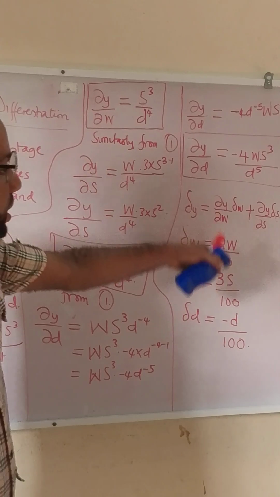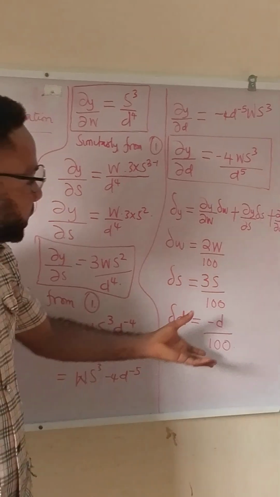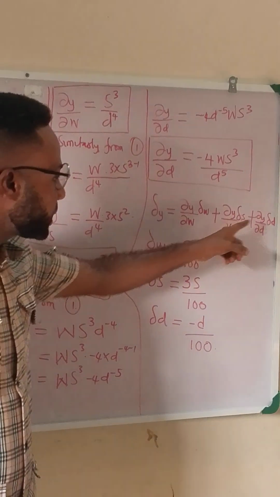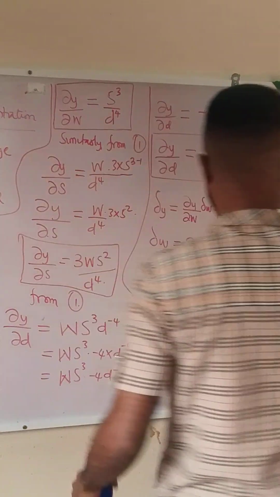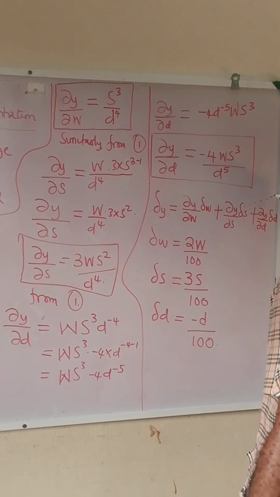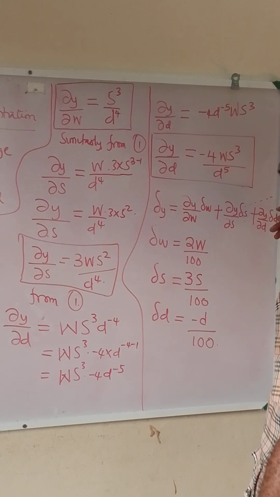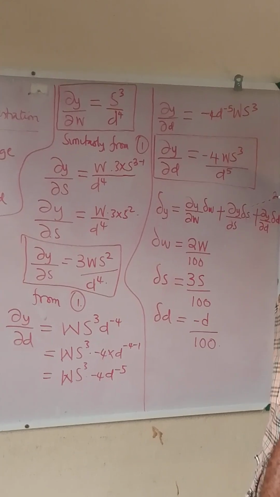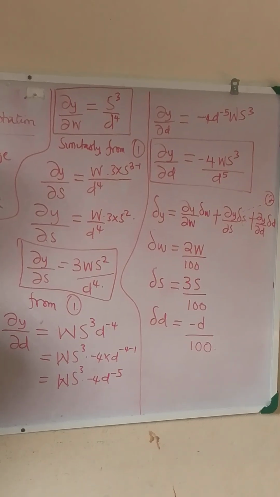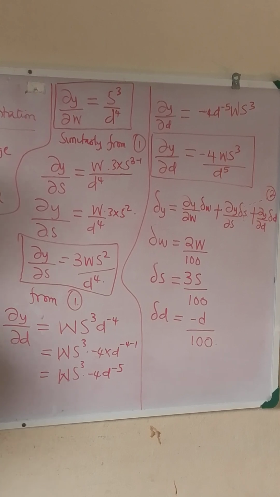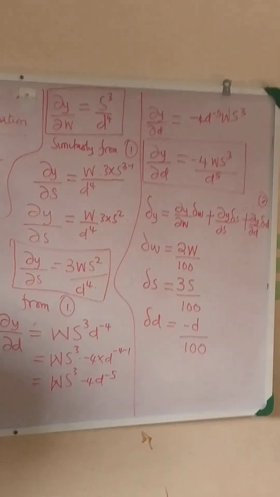So having gotten this, we can now slot in all the values of this, and that of this, into this equation. Let's call this equation 2. So let's solve from here. Let's rewrite our equation 2.